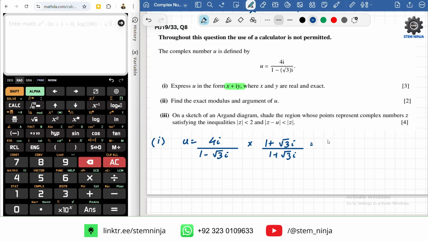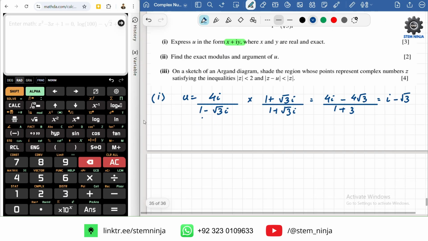So 4i times 1 is 4i, and then 4i times root 3i gives plus 4 root 3 i squared, so that becomes minus 4 root 3, divided by 1 minus root 3i squared, which is 1 plus 3. So basically dividing by 4 you get i minus root 3. Okay. And next up was find the exact modulus and argument of u.